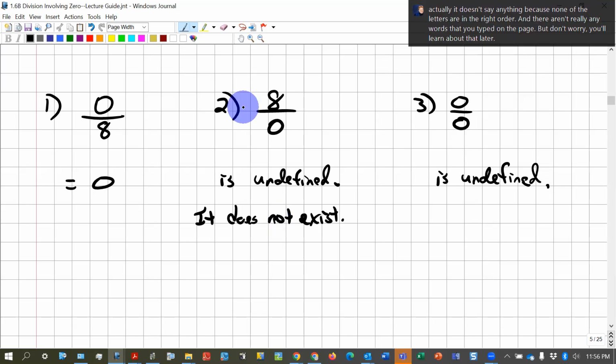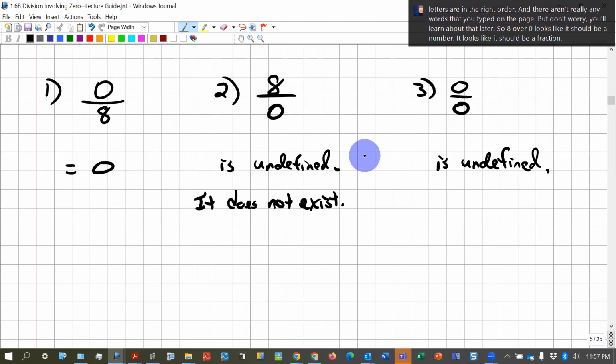So 8/0 looks like it should be a number. It looks like it should be a fraction, but it's not. It doesn't exist. Likewise, if we have 0/0, it looks like a fraction, it looks like a number, but it is not a number. It's undefined.